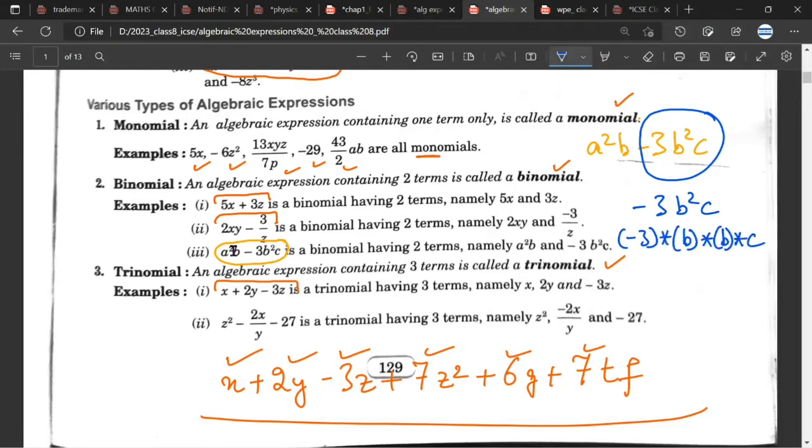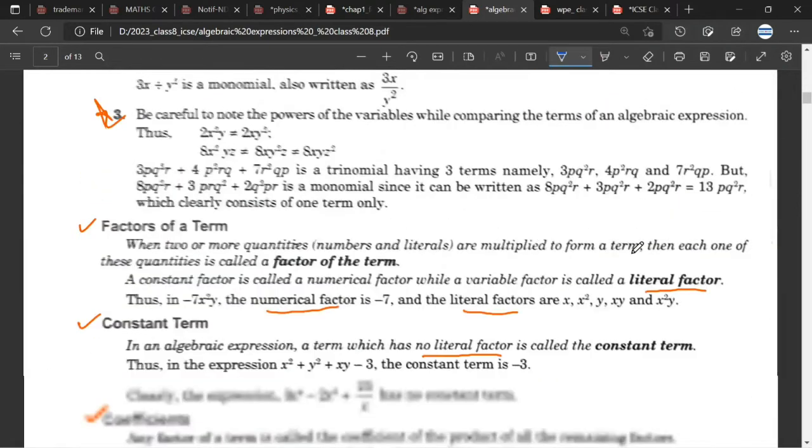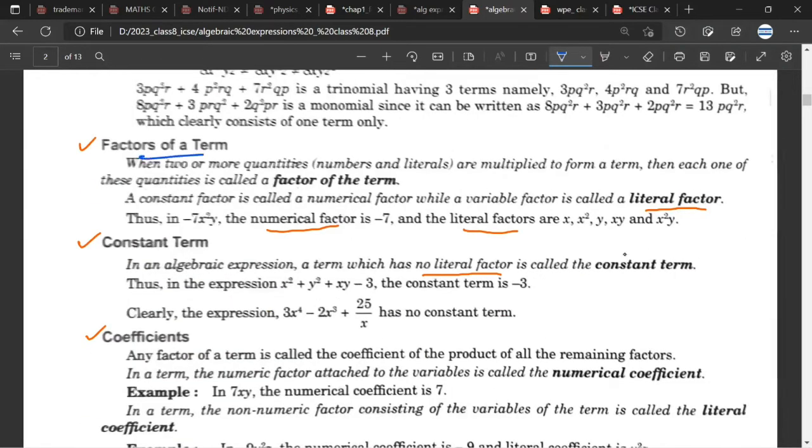Have you understood this? This minus 3, b, b, c are called the factors of a term. Any doubt till here? So factors of a term is the same as saying that the factors of 25 can be 1 and 25.